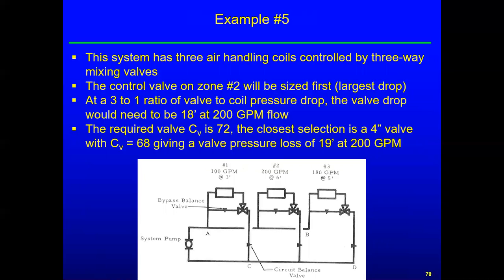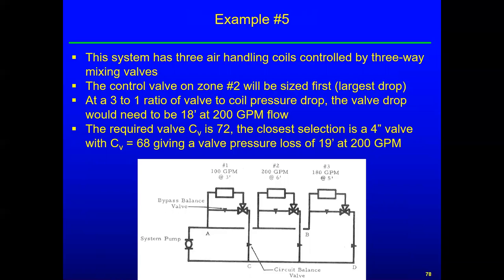At 200 GPM requires a 72, and the closest selection to that is 68, and so instead of the 18, and see, we want to go down because we want the pressure drop to go up a little bit more. We don't want it to be lower.